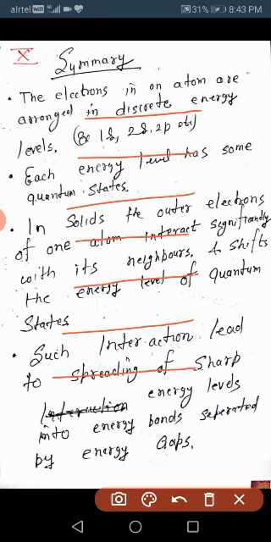All that is required for understanding semiconductor physics, we will discuss.